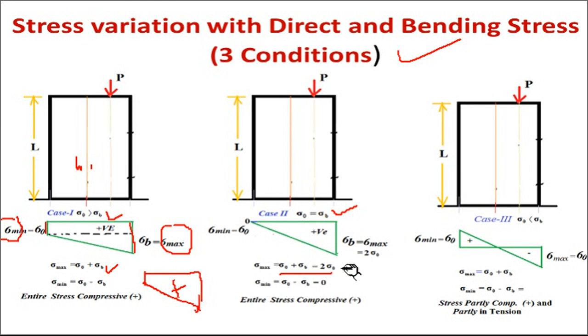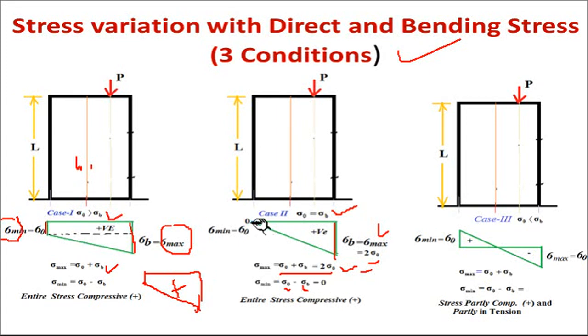So here it will be twice sigma 0, so sigma max is twice sigma 0. But when you find the minimum, sigma 0 minus sigma b, and sigma 0 and sigma b are the same, so this will be 0.